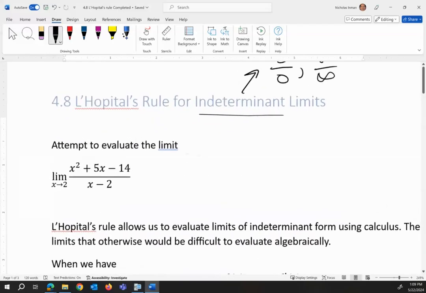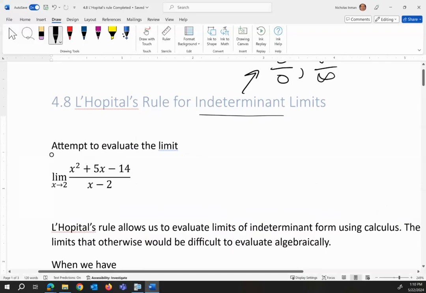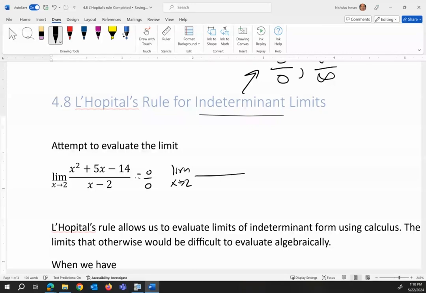So if you remember, we've done a limit like this before. The limit as x approaches 2, if we try to just direct evaluate, 2 squared is 4, 2 times 5 is 10, 14 minus 14 is 0 over 0. Right? So we had to do something like factor, potentially. 14 is 7 and negative 2.